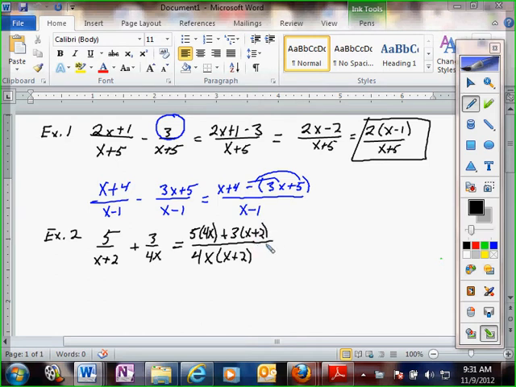Now let's go back and make some sense of this based on what we did a second ago with our review of fractions. First we multiplied our two denominators together, and then what did I do to this denominator? Well, I multiplied it times 4x.